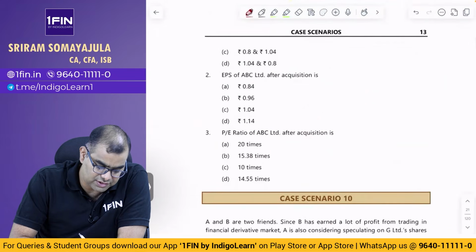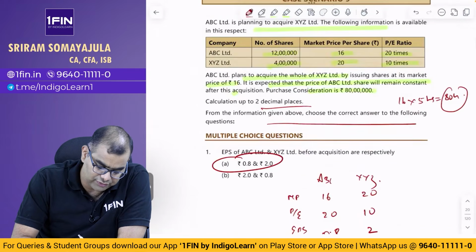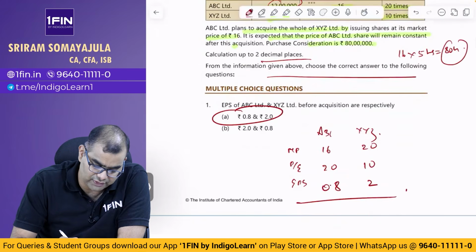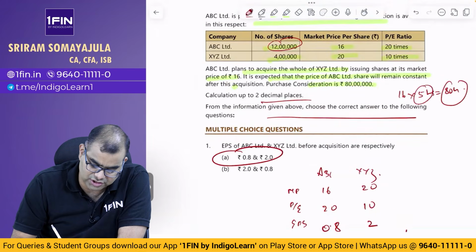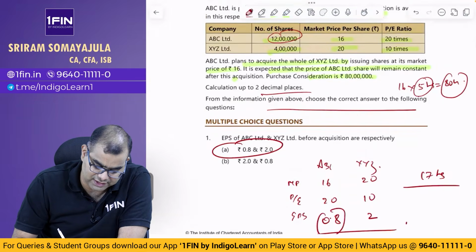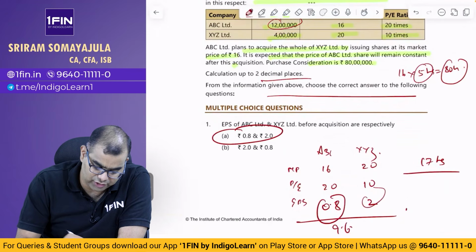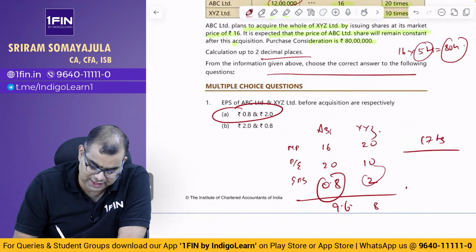Next one is EPS of ABC after acquisition. So you have 12 lakh shares and now you have allotted another 5 lakh shares. So total share count is 17 lakhs. Now what is PAT? PAT is 0.8 into 12 lakhs, that is 9.6 lakhs, and 2 into 4 lakhs, which is 8 lakhs.